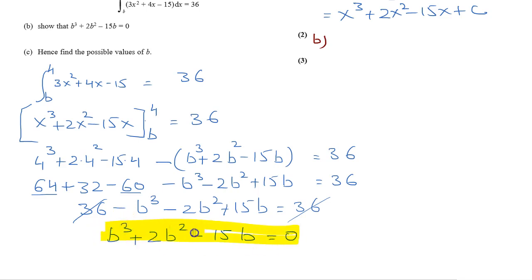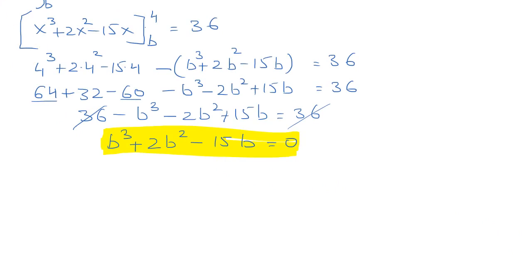The good thing with a question to be proved is that if you make a mistake, it is easy to identify the mistake. Hence find the possible values of b. That is part C. So we have b common: b squared plus 2b minus 15 is equal to 0. 5 times 3 is 15.